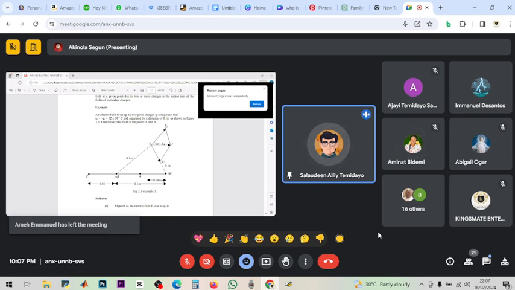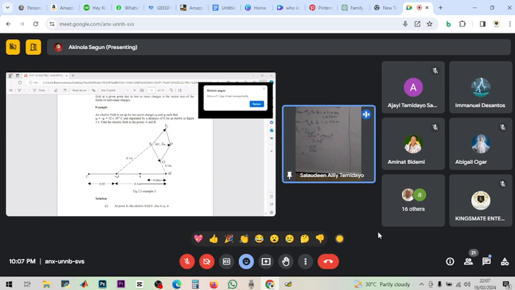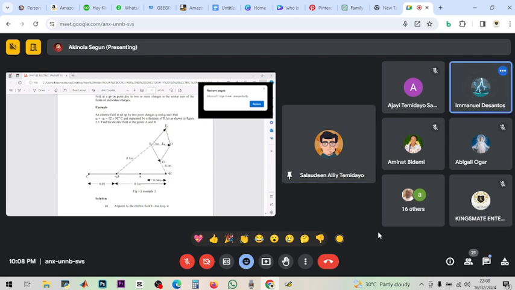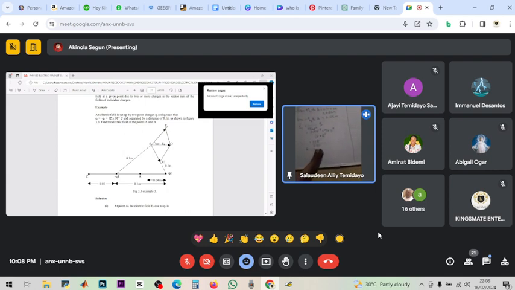So 108 all over 0.06 squared, which is 0.36. So 108 divided by 0.36 is what? I'll get my first electric field intensity with the unit of newtons per coulomb. 300. So this is going to be 300 newtons per coulomb.